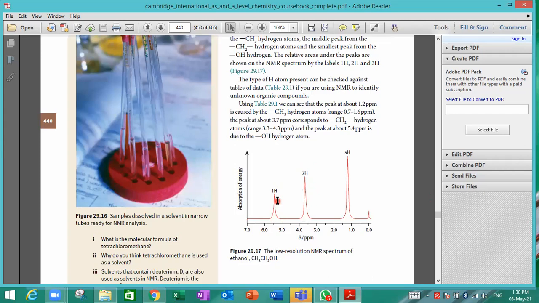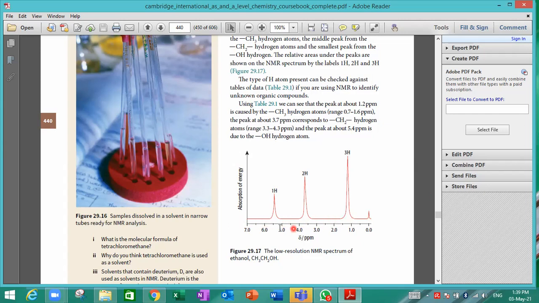Now, as I told you, every peak appears at a different chemical shift depending on its environment, depending on when it absorbs the radio frequency. Its protons will be transmitted from the ground state to the excited state. So there are different ranges.